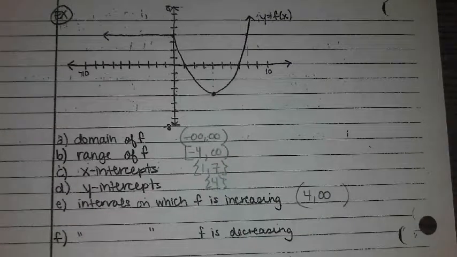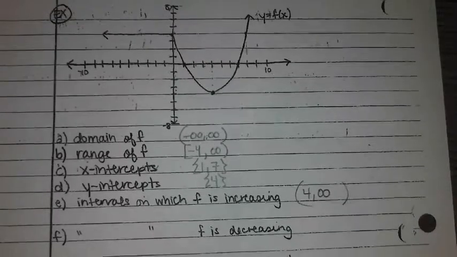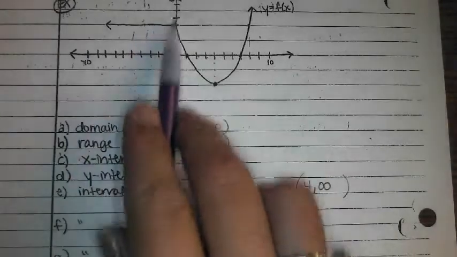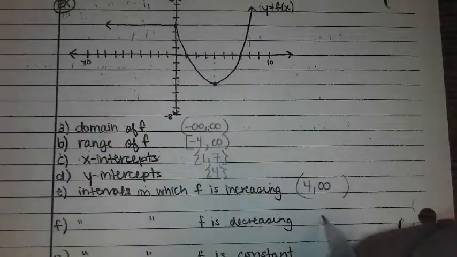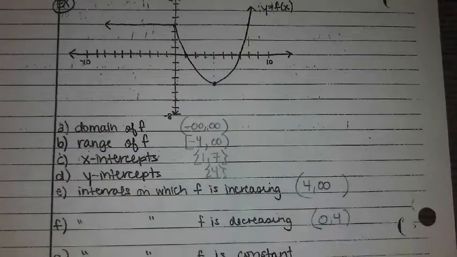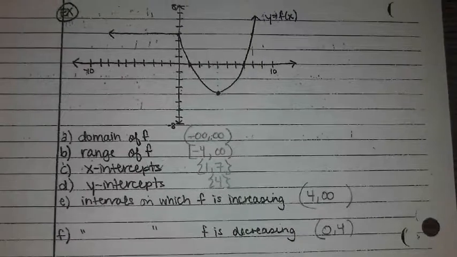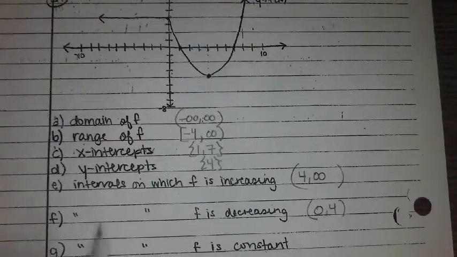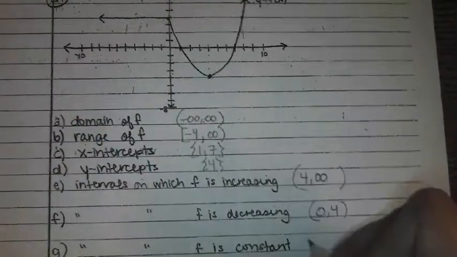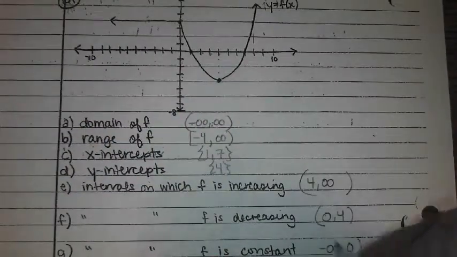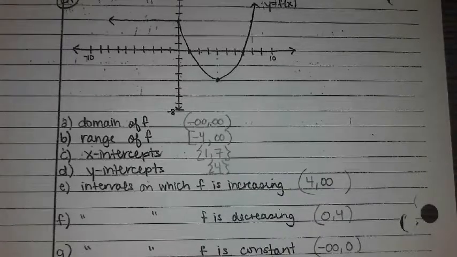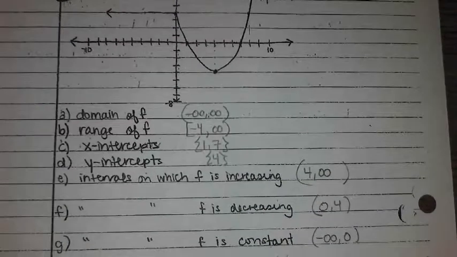How about decreasing, Liz? Very good. From 0 to 4. Parentheses. Constant. Kendall? Negative infinity up to 0. Parentheses, because that's what we do there. Always with slope type stuff.